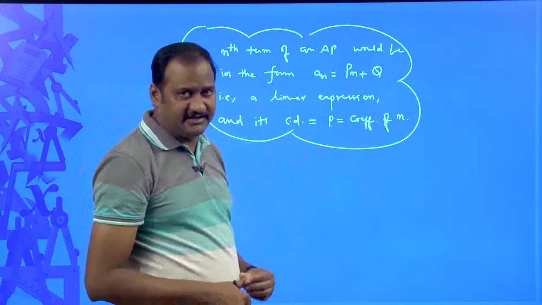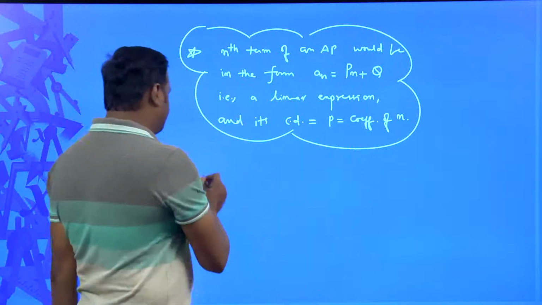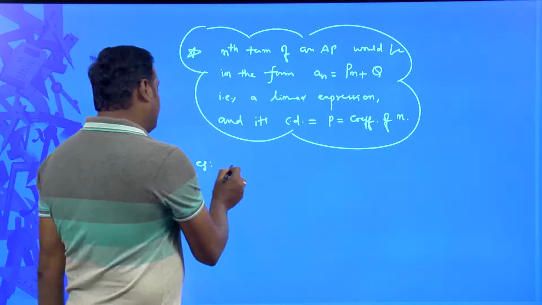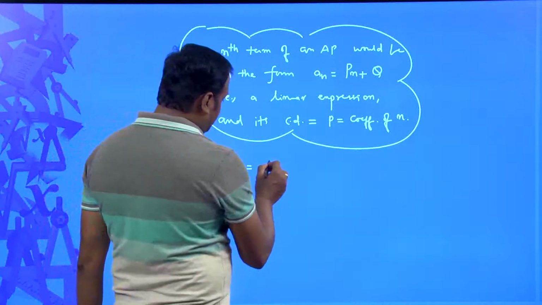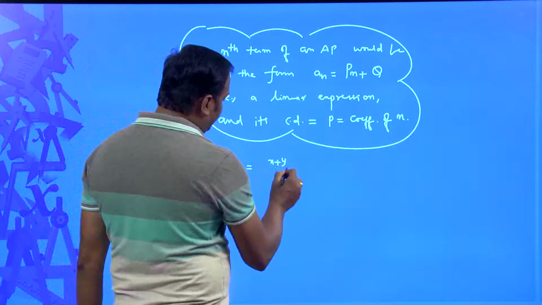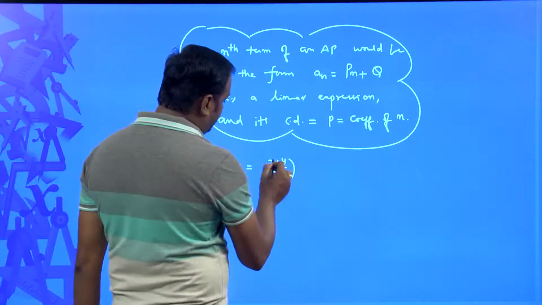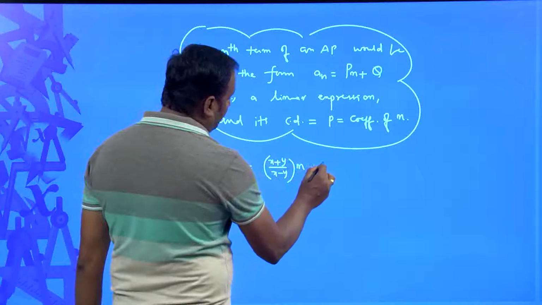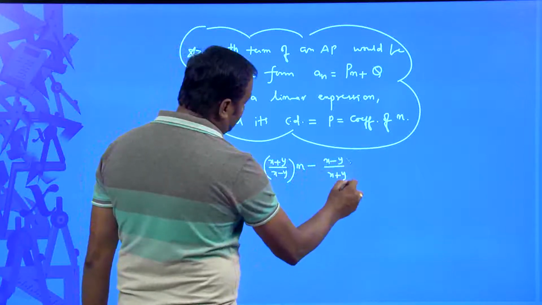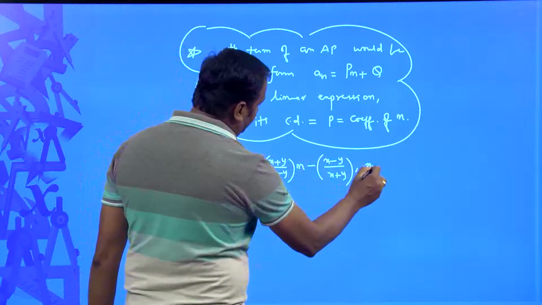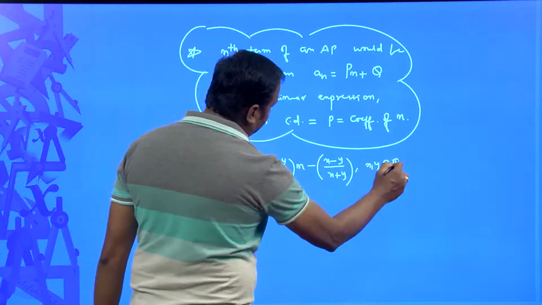So, hope you understand. And when you are given one example that a n is equal to (x plus y) by (x minus y) into n minus (x minus y) divided by (x plus y). This is one of the problems where x comma y both are real numbers.